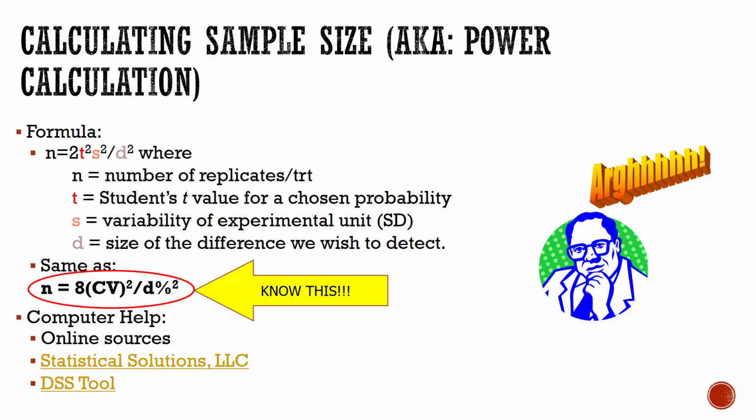And so this is the power calculation formula that you need to memorize, because we're going to work through some of these power calculations on quizzes and with the respective projects. Some other ways that you can determine how many experimental units you need is through online sources. So Statistical Solutions is linked in here, as is the DSS tool. Those are both good tools to run a simple power calculation. But the one that you need to know for this class, for quizzes and everything else, is this equation highlighted in red.